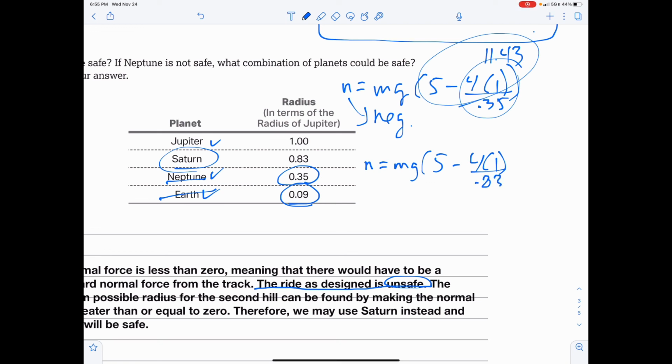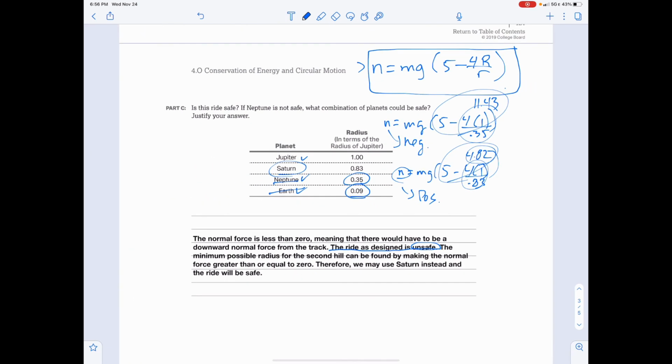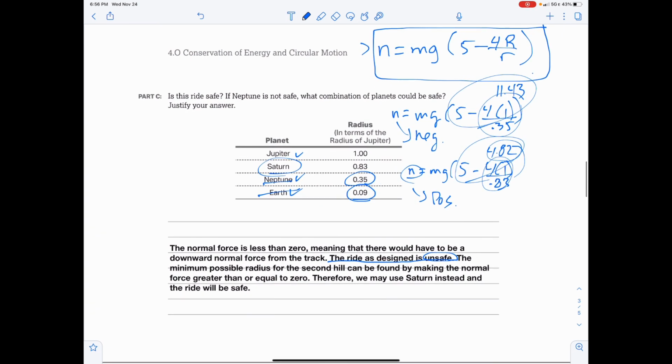So now if we go 4 divided by 0.83, you get about 4.82, and 5 minus 4.82 is a number greater than 0, meaning normal force is now positive, which means the cart stays on the track, which is the most important part. So Saturn could be used instead to make the ride safe.